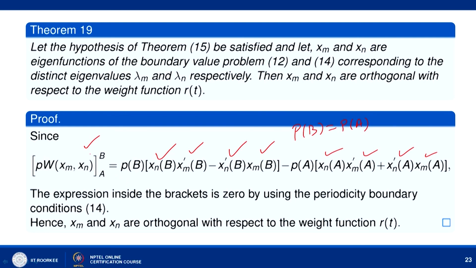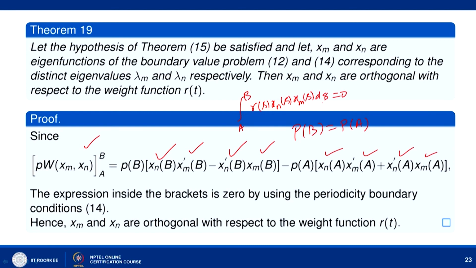So, we have already proved that if this condition is true, then the integral from a to b of r(s) x_n(s) x_m(s) ds is equal to 0.